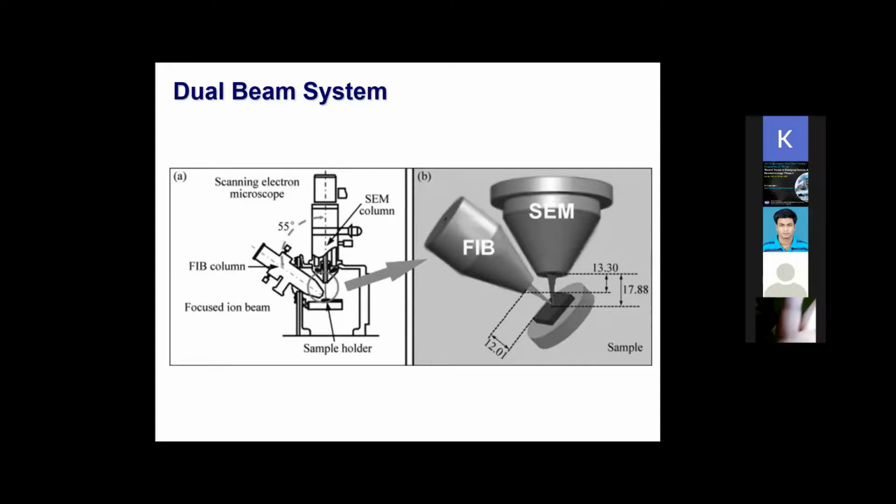You can see in the right hand picture, the sample is tilted such that the ion column is falling perpendicular to the sample, whereas the image is taken by the electron column, which is interacting at an angle with the substrate.